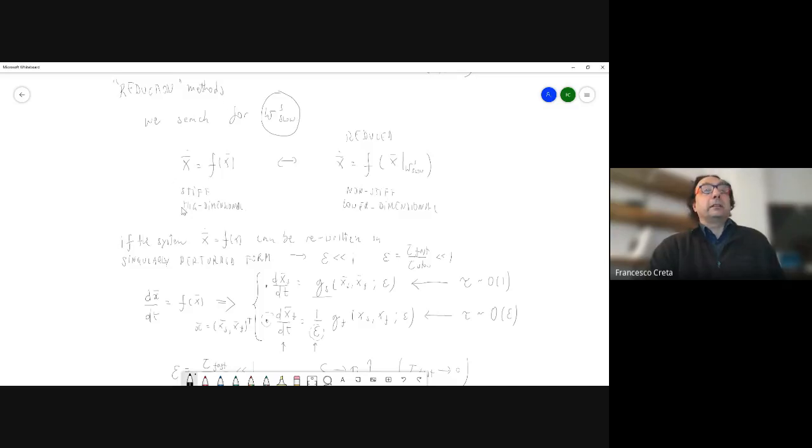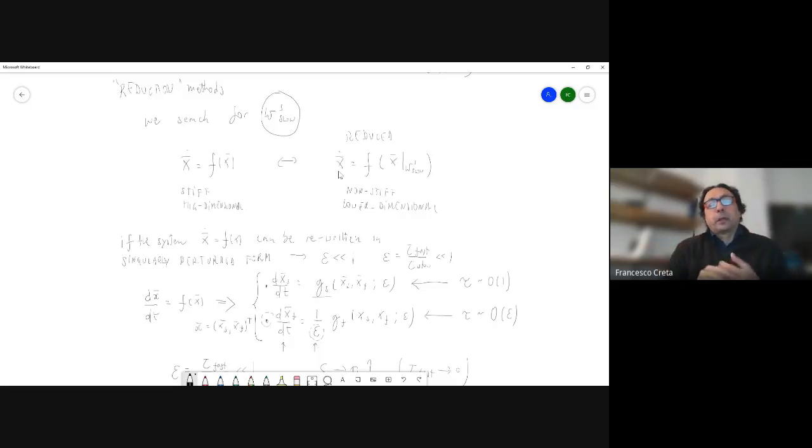So that any initially stiff, high-dimensional system, x dot equals f of x, eventually can be reduced, if we constrain it on a slow manifold, to a lower dimensional and non-stiff system.